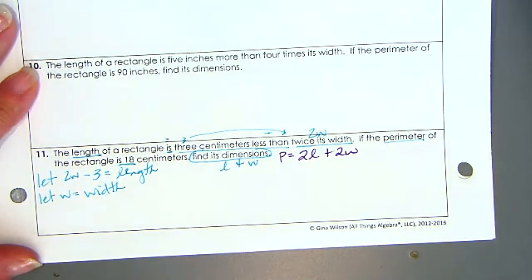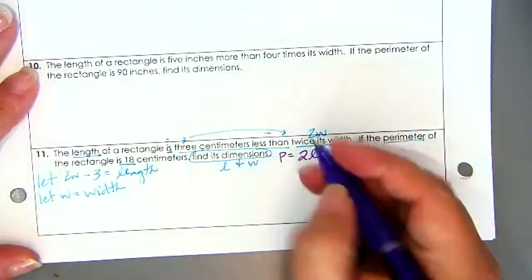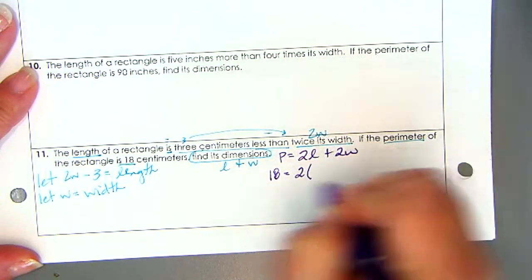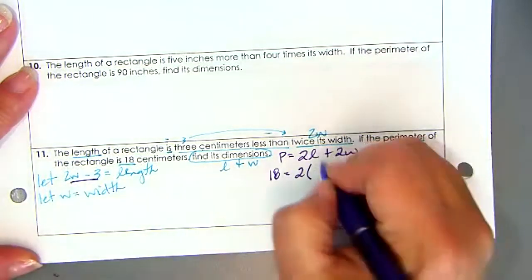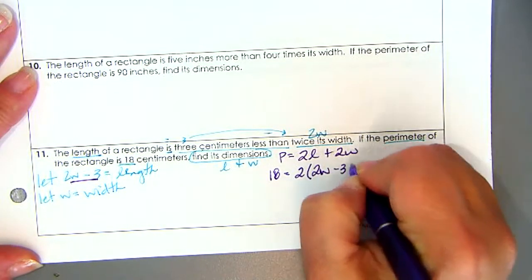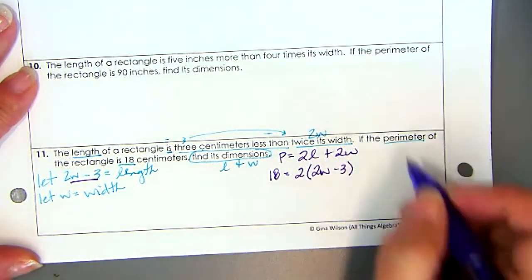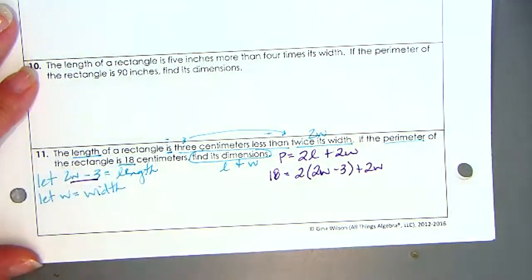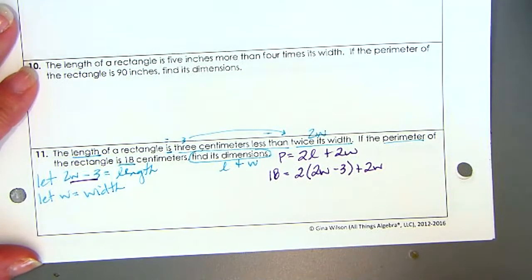I take this information and I plug it in. So I'm going to have 18 equals 2 times the length is being represented by 2W minus 3, close parentheses. The width is W, so plus 2W. And now I solve. Distribute and solve.